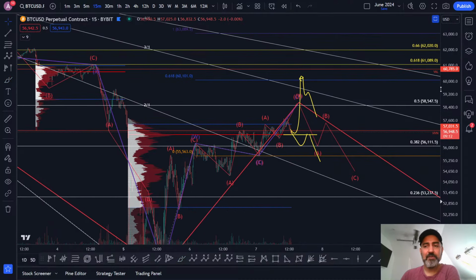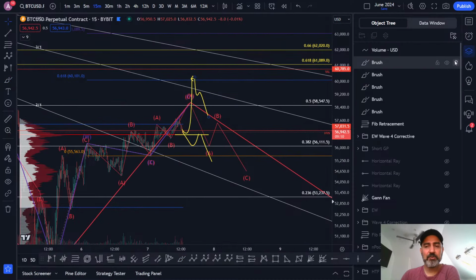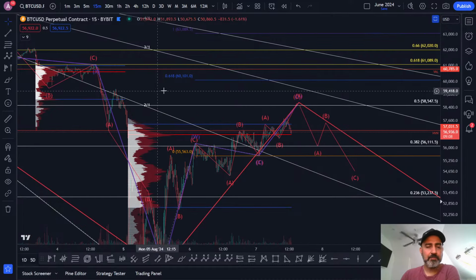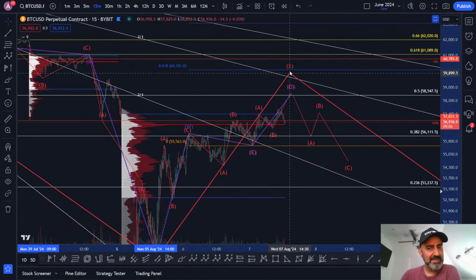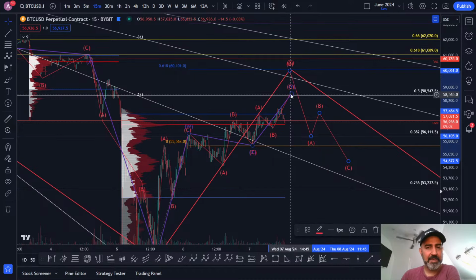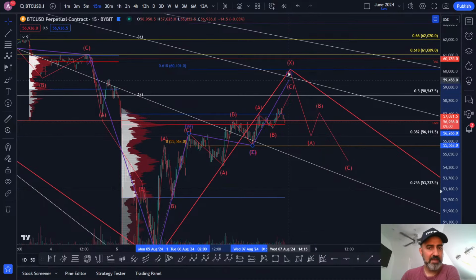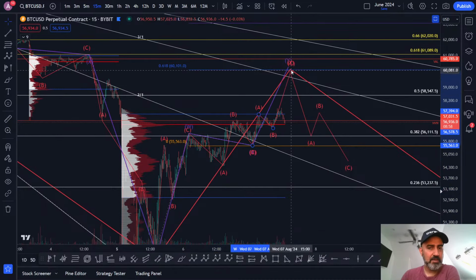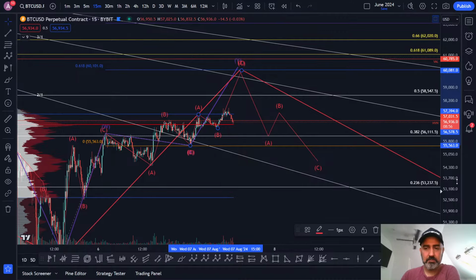And I want it to be quite violent. I want it to be quite aggressive. So that is my target. That really is my target, but I just don't know, because we haven't hit the 50% mark yet.